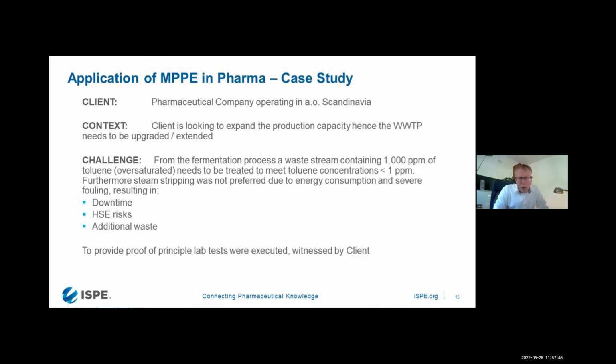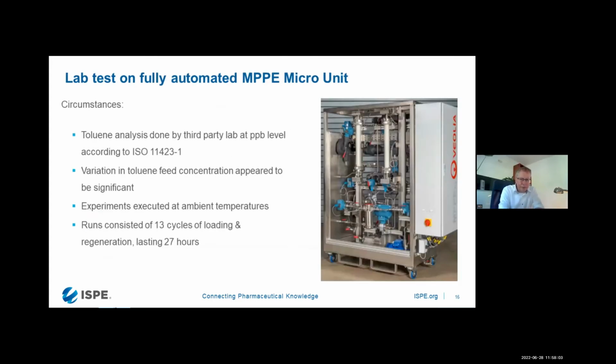So when we presented the technology, the client was interested, but obviously in the end you need to provide a proof of principle. And for that, we are able to do lab tests in our facility. In this case, the client witnessed those tests.